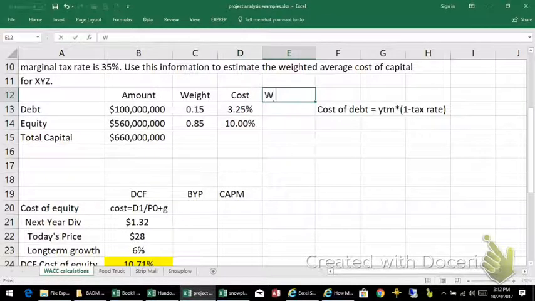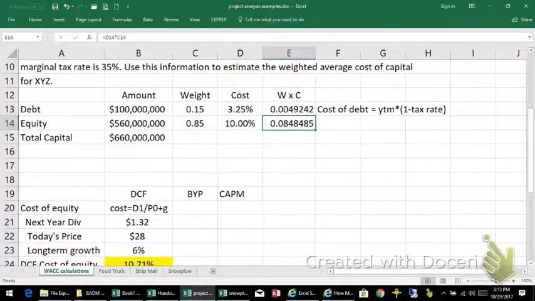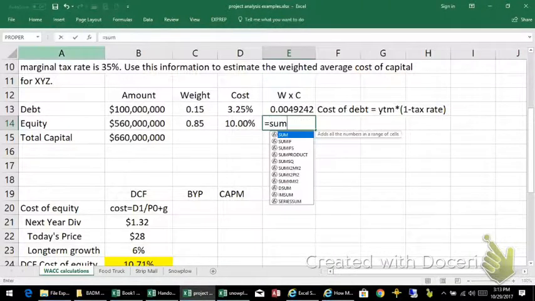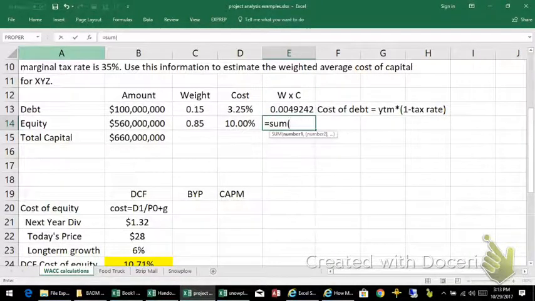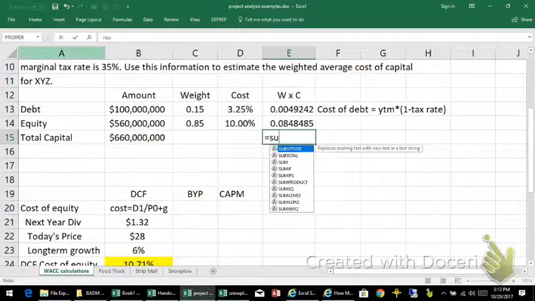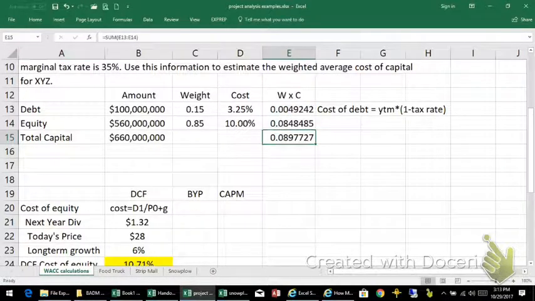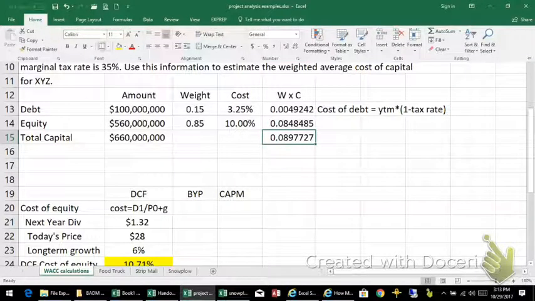So if I do weight times cost here, and then add those numbers together, that'll give me my weighted average cost of capital.